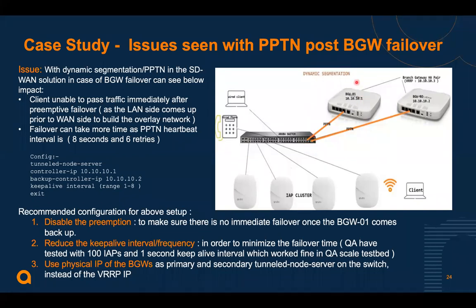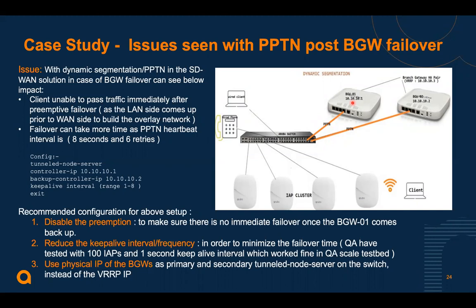So basically, switch 1 fails, switch 2 takes over, and after the branch gateway comes up, at this point the traffic was not being forwarded towards the WAN side in a quicker way. It was delaying, and that was causing issues for the customer. What we noticed is that the keep alive interval the customer had set was higher, because of which the preempt was taking time.